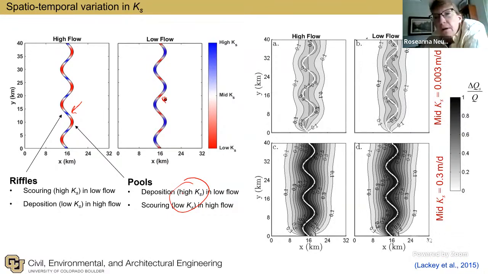What we're looking at on the right in the plan view plots, the top is showing if we have a low hydraulic conductivity of the stream bed. These contours are showing the stream depletion, so delta QS over Q. If we look at a point maybe right here, under low flow, it has a stream depletion of about 0.05.